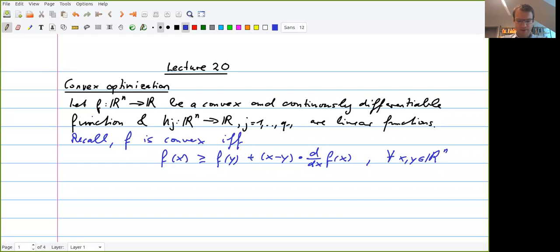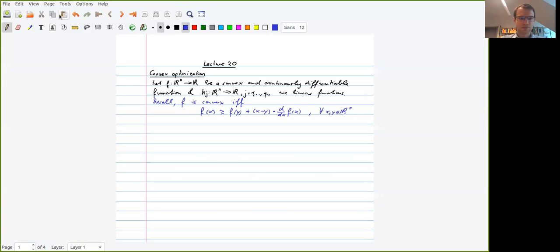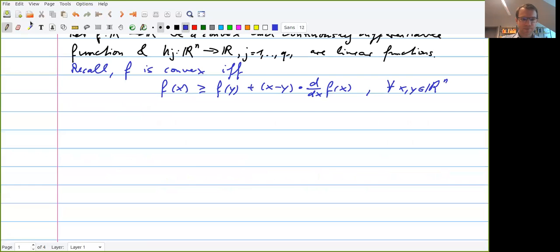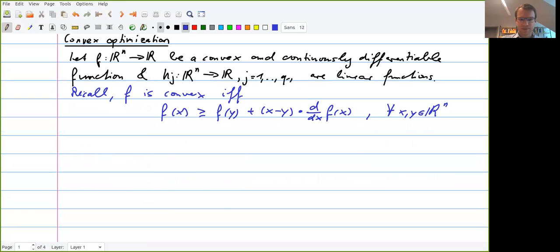So far so good, and now let us formulate the optimization problem we want to briefly study.